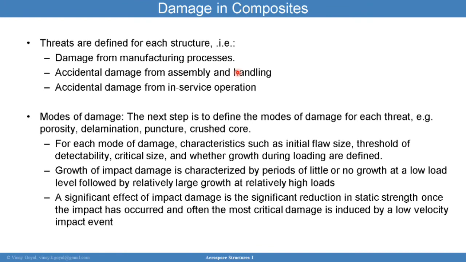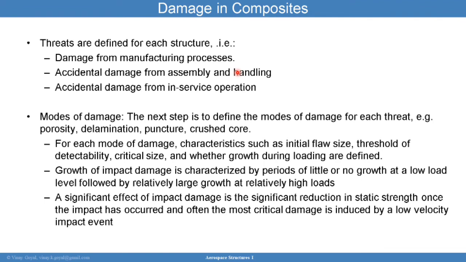And the next step is really to define the modes of damage for each threat, which could include delamination, puncture, crush core, and many others. So for each mode of damage, there are characteristics such as initial flaw size, threshold of detectability, critical flaw sizes, and the growth of damage.